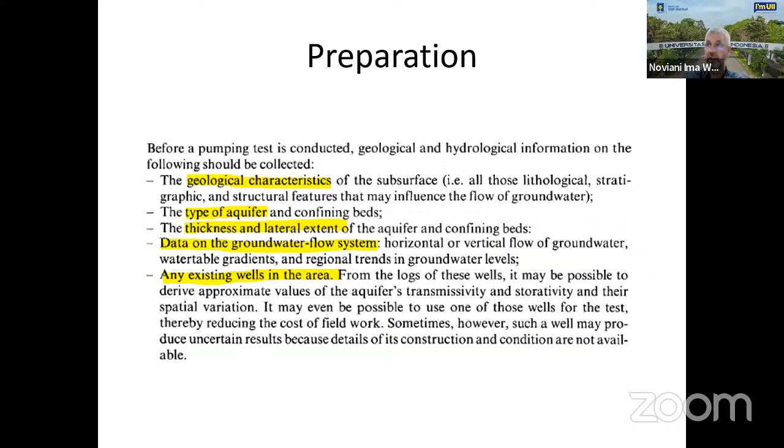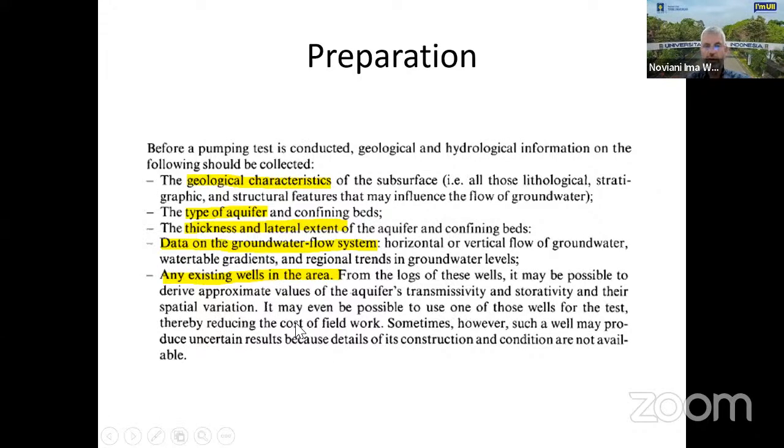Is it a sand and gravel aquifer? Is it a bedrock aquifer? How deep is the water table? Is the aquifer a confined aquifer or an unconfined aquifer? How thick is the aquifer? How deep is it? And which direction is groundwater flow, right?